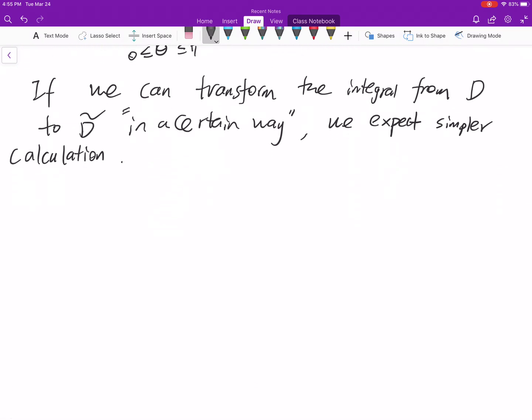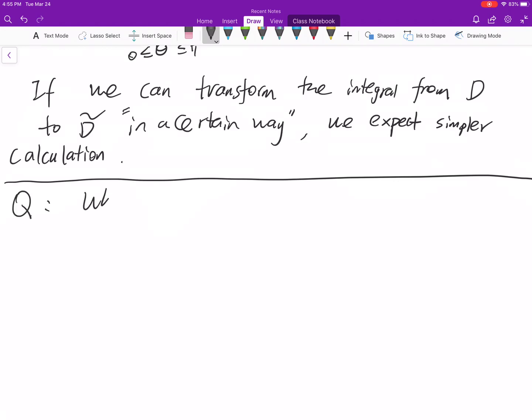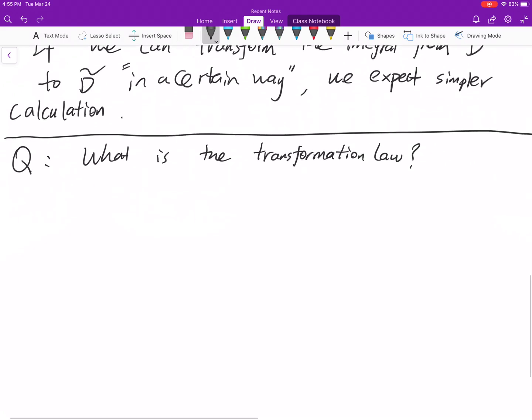Okay, so that's our main idea. We need to transform. And then the question we have is, what is the transformation law? Or in other words, what is the way we transform? And whenever you don't know how to do that, let's look at some easy example.